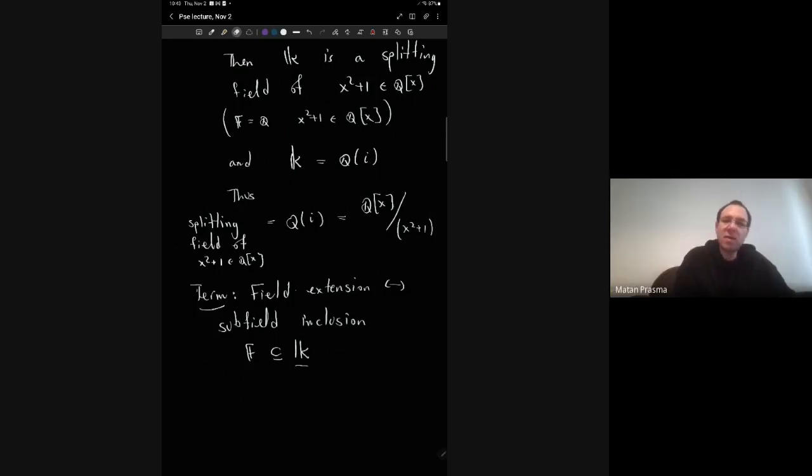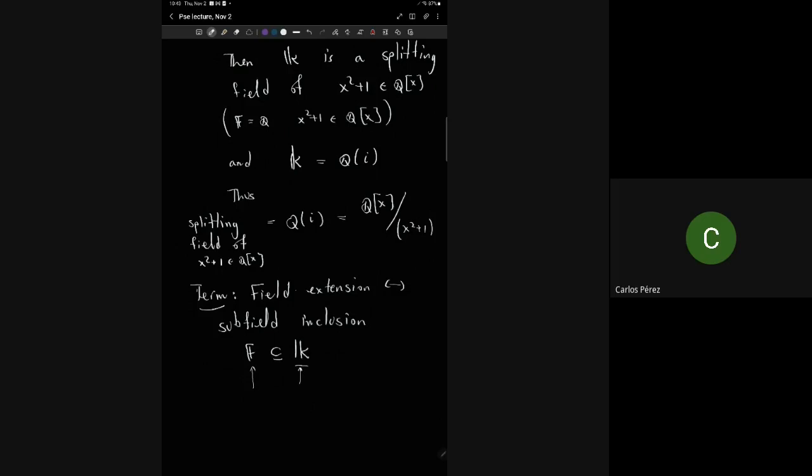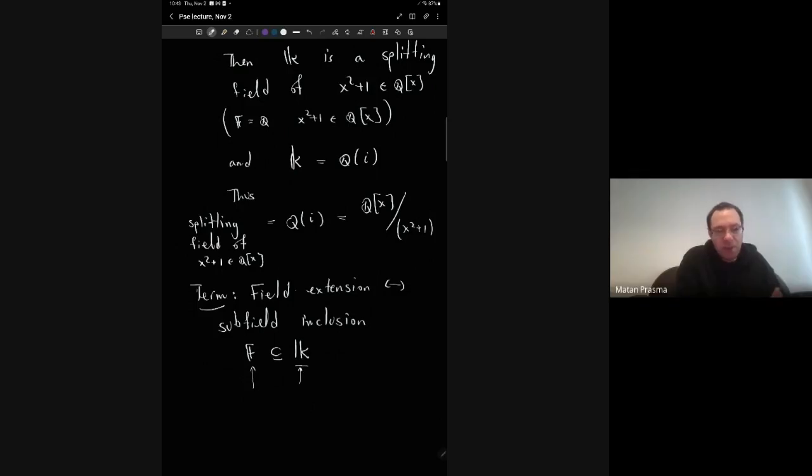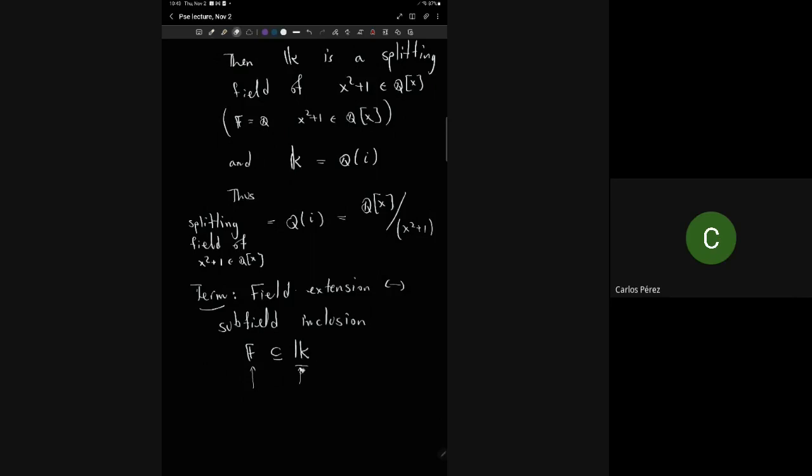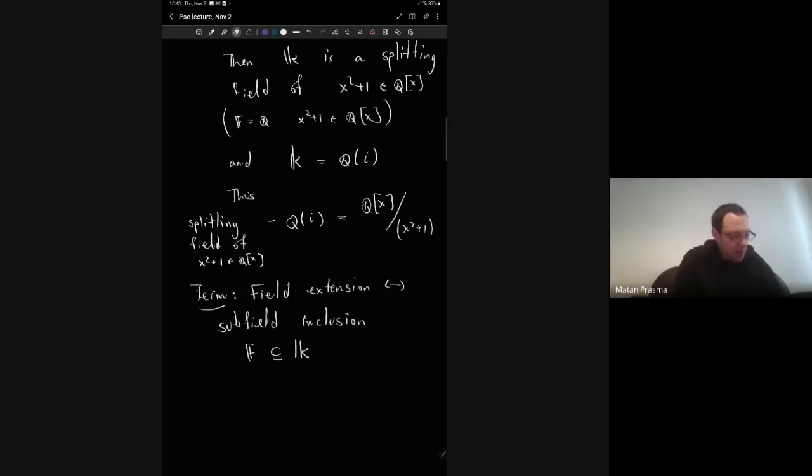Not up to modulo. The multiplication and addition tables in F are simply the restriction of the multiplication and addition tables in K to the elements in F. Exactly. So they are simply a restriction. Sure. Thank you for the reminder.